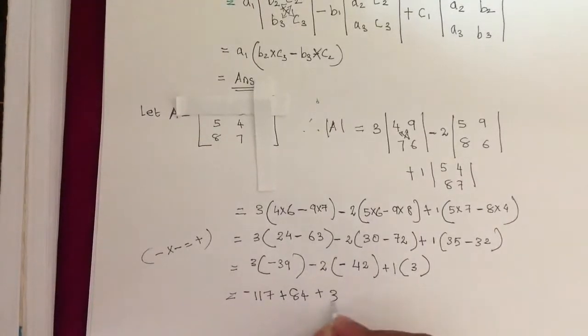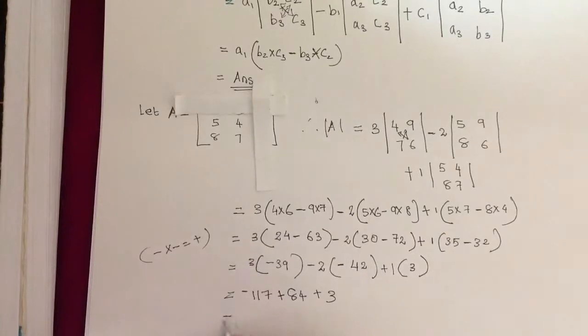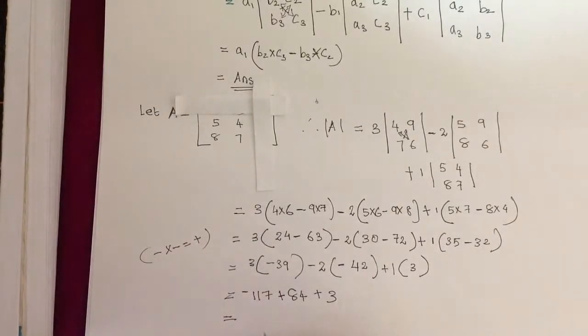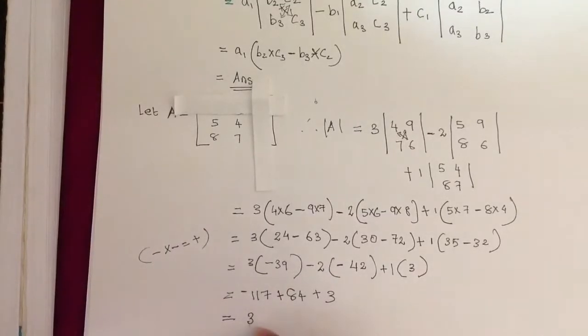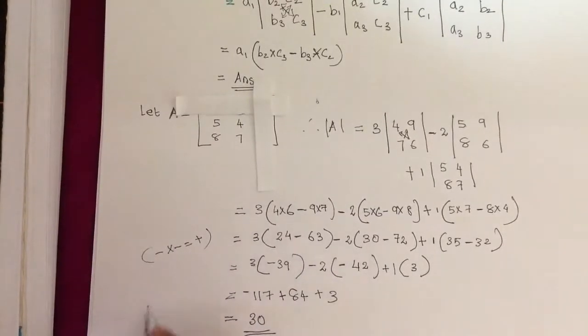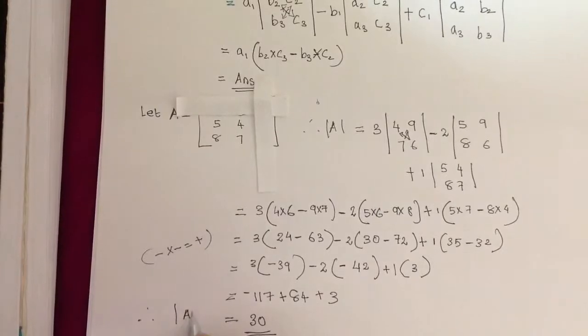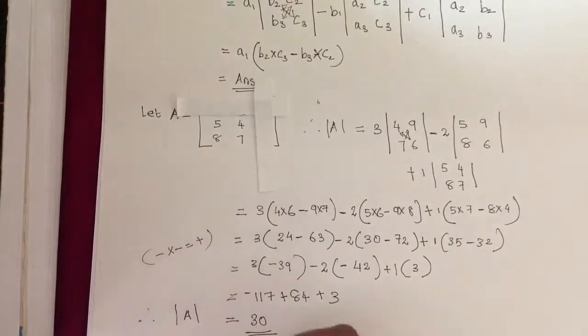Plus 1 into 3 is 3. So the answer will be minus 117 plus 84 plus 3. 84 plus 3 will be 87. So minus 117 plus 87 is equal to minus 30. Therefore, the determinant of A is minus 30.